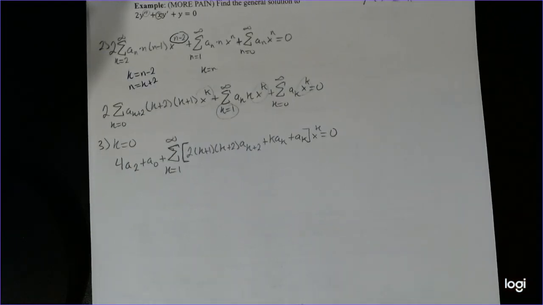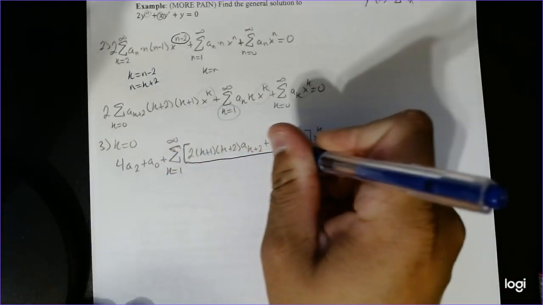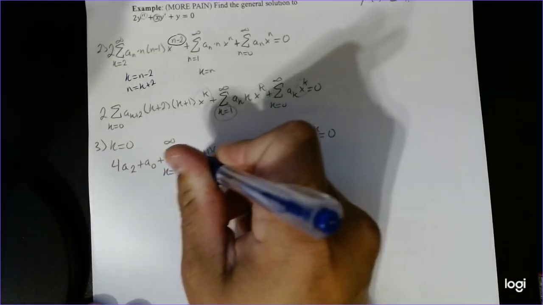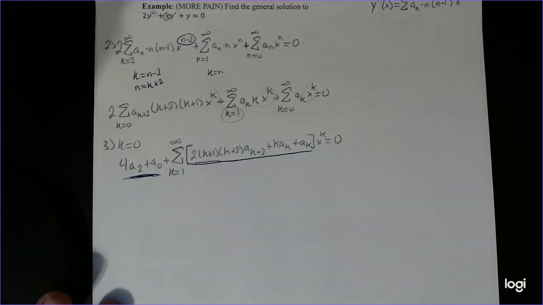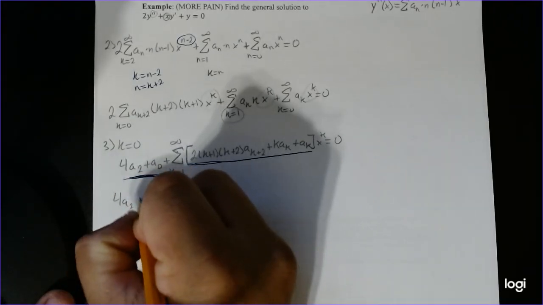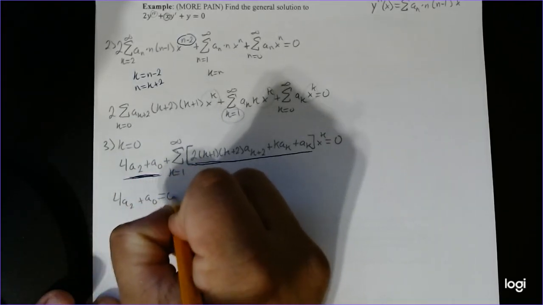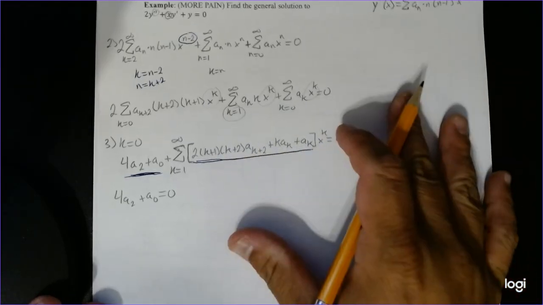Okay. So now, just like last time, the coefficient is what we care about, so this and these all have to end up equaling 0. So we know that 4a2 plus a naught equals 0, and this whole sum also equals 0.